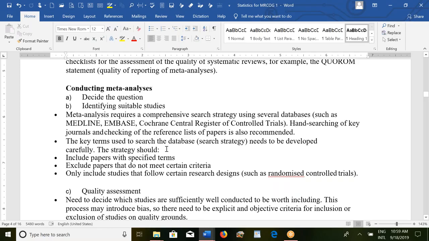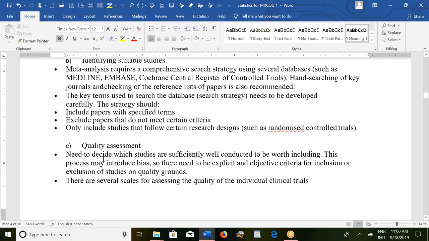The key terms used to search the database, which is also called the search strategy, need to be developed carefully. The strategy should include papers with specified terms. Then they should exclude papers that do not meet certain criteria. They should only include studies that follow certain research designs, for example, randomized controlled trials. Then how do we assess the quality?